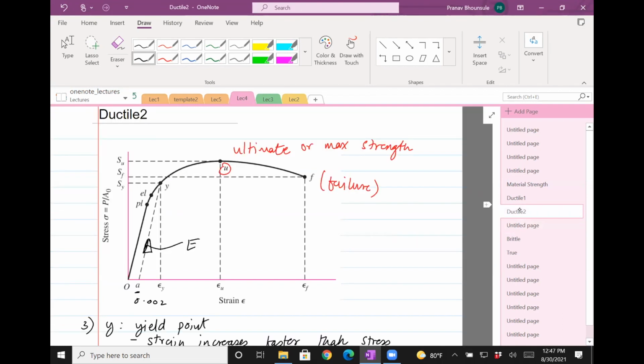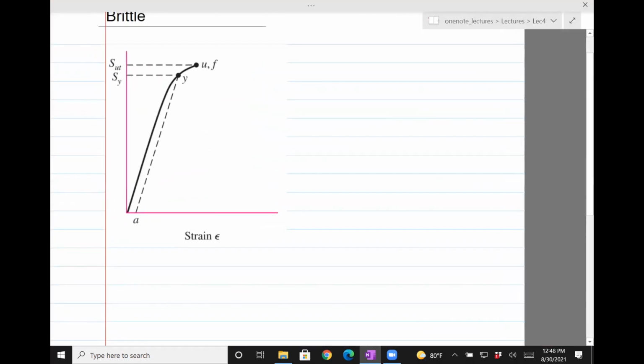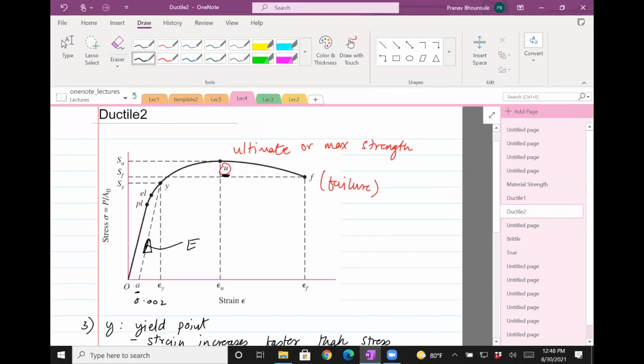Okay, so that's the curve for a ductile material. There's another type of material called a brittle material, where the curve looks something like this. Okay, so we had those points, EL, PL, which are also true for this one. They have not been shown. There's a yield strength, which can be computed by the offset method by finding this point A, which is again by heuristic. And then you can see something interesting. In the previous curve, the ultimate strength, where the strength was maximum, was different from the point at which it failed, right?